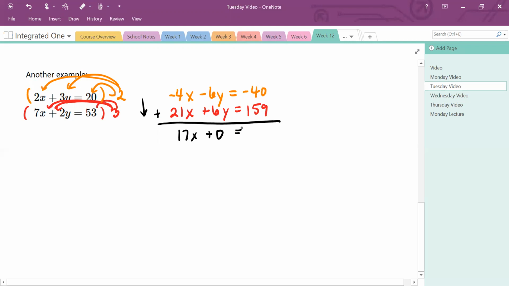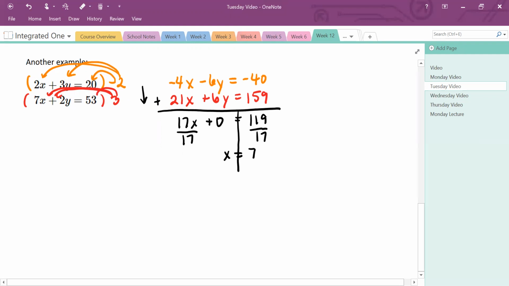And then we get 159 minus 40, which is 119. Now I can solve for x. If I divide both sides by 17, I end up with x equal to 7.